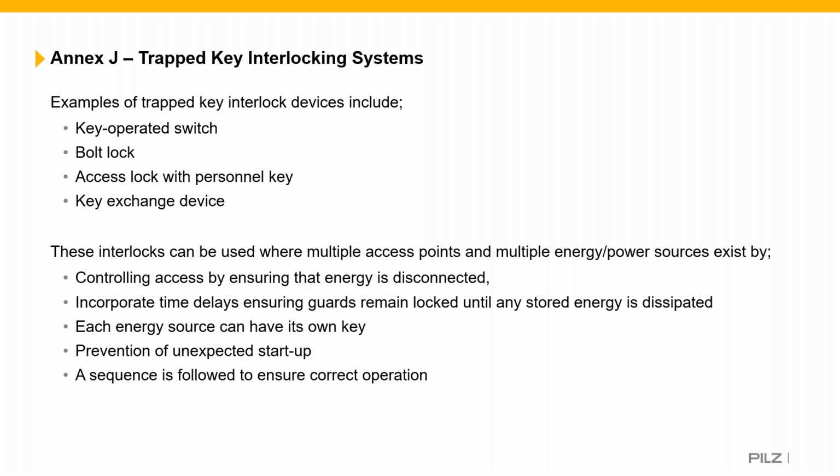So we need to dump all the air or hydraulic pressure or something like that, or we remain with power on until a machine can get to a safe state. Each energy source can have its own key. Again, we need to prevent any unexpected startup with the use of the control systems, and there is a certain sequence to follow to ensure its correct operation.